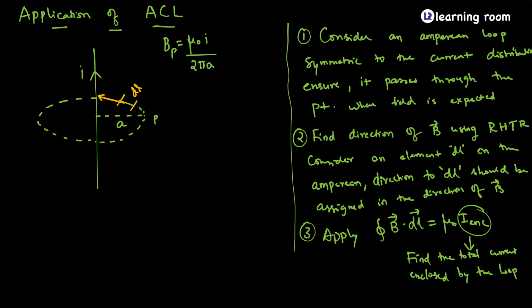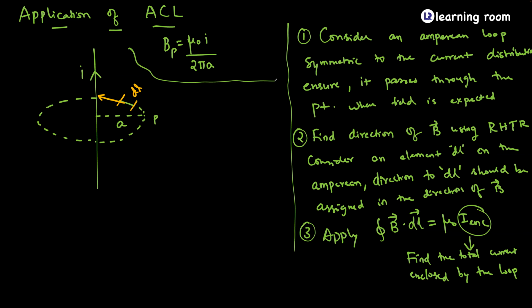So in this case, how many current carrying conductors is this loop covering? It is covering only one current carrying conductor, right? So what is the total current that is covered by this Amperian loop? It is I, right? So I'm going to apply this formula.